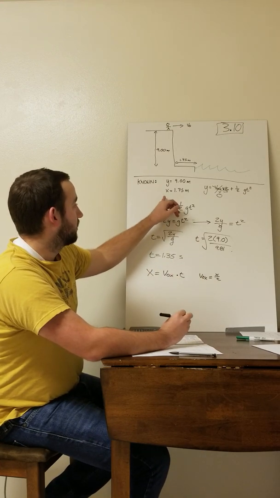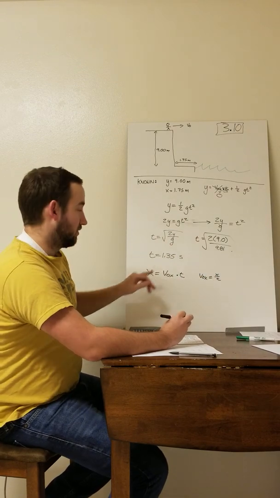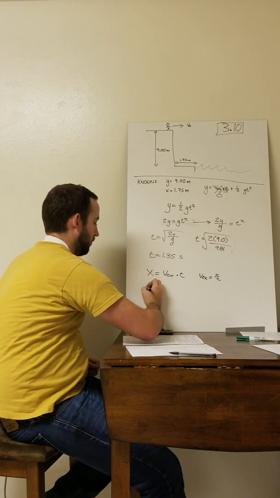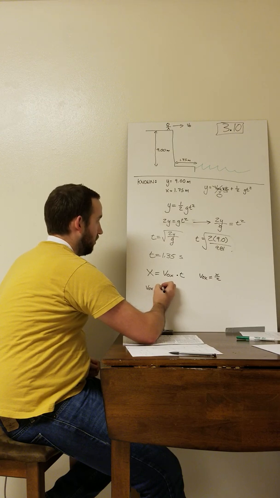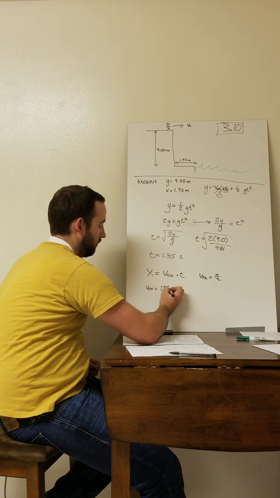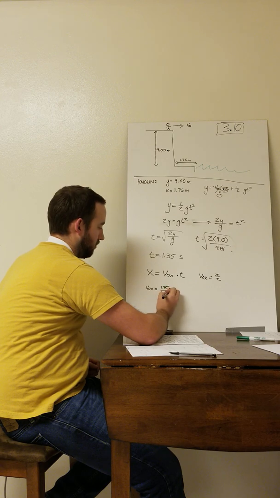We know that x is 1.75 meters and our time is 1.35 seconds. So v of x equals 1.75 meters over 1.35 seconds.